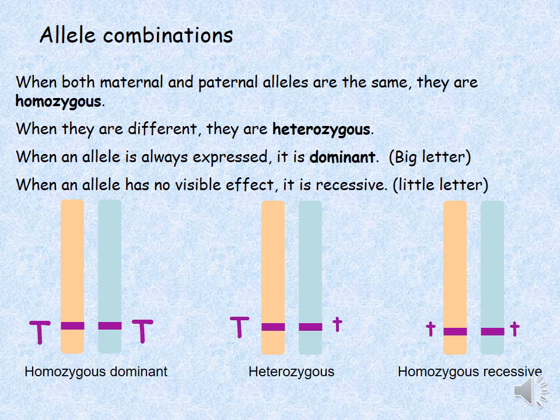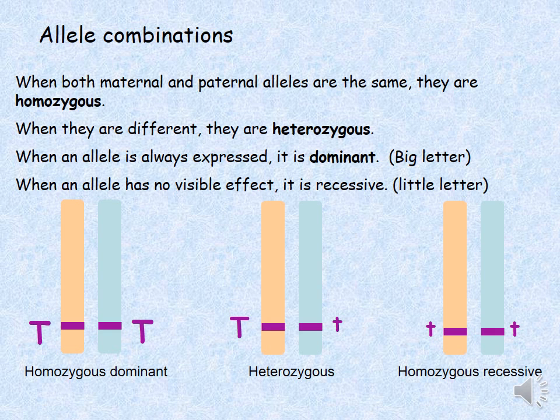There's some terminology that we need to learn when it comes to the allele combinations. This is basically the combination of the allele found on the chromosome from the mother and the chromosome from the father, whether they are the same or different. There are different terms here.